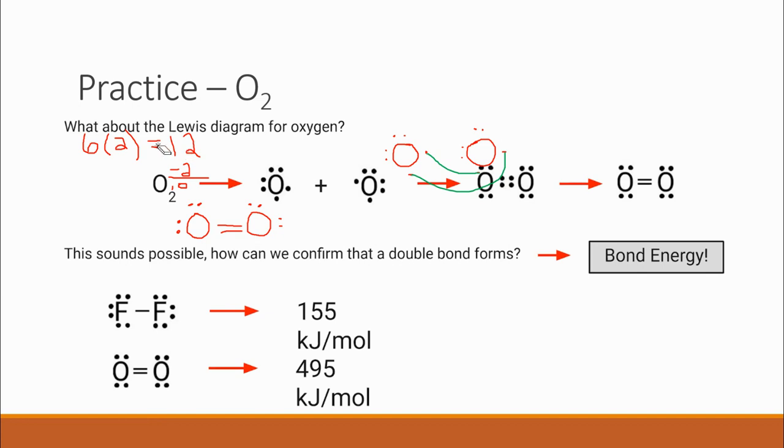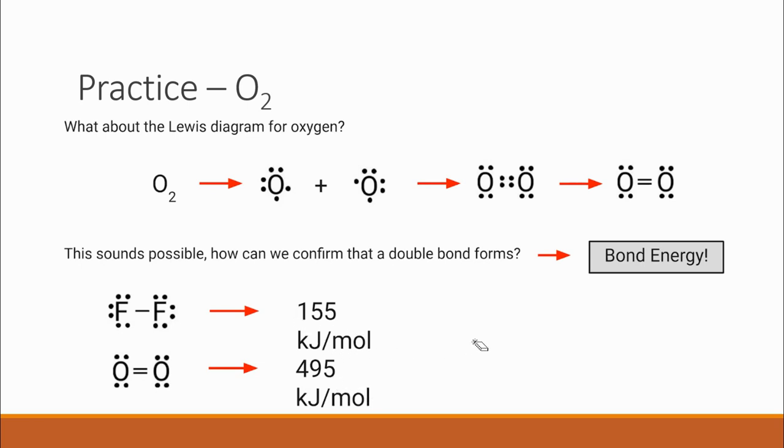how do we actually know that oxygen has a double bond? Well, like you've learned previously, a double bond has a higher bond energy than a single bond. So we know that oxygen is going to be doubly bonded because the bond energy of oxygen is 495 kilojoules per mole versus fluorine, which sits right next to it on the periodic table.